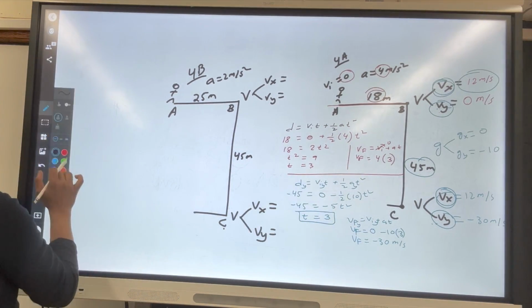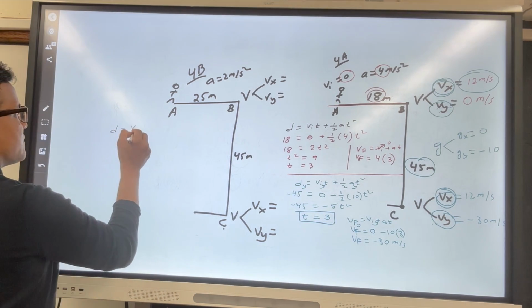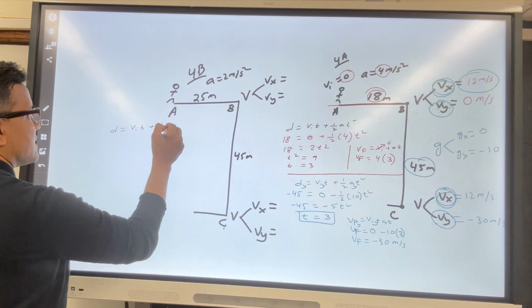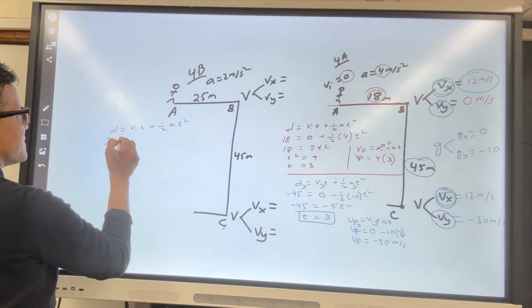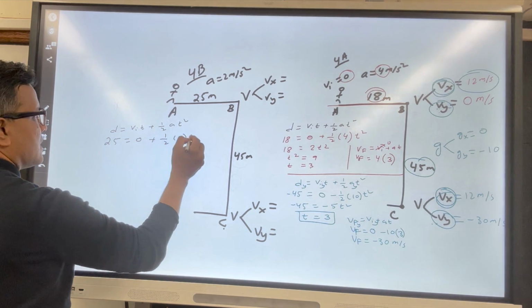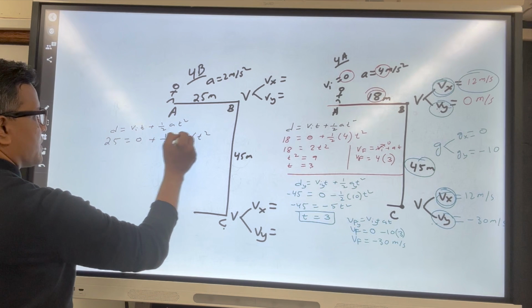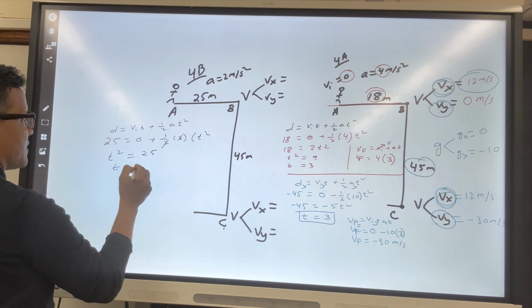Let's first find his velocity over there. So d is equal to vit plus half at squared. What does that mean? 25 is equal to 0 plus half 2, and we are trying to find t squared. So t squared is 25, so t must be 5.